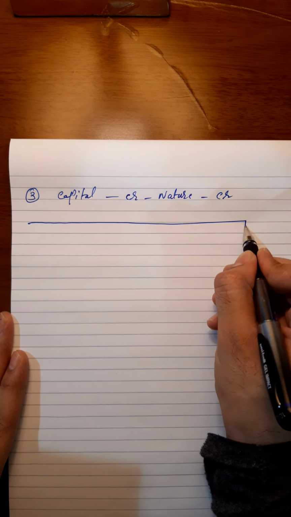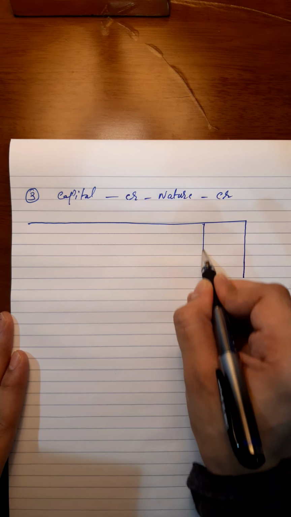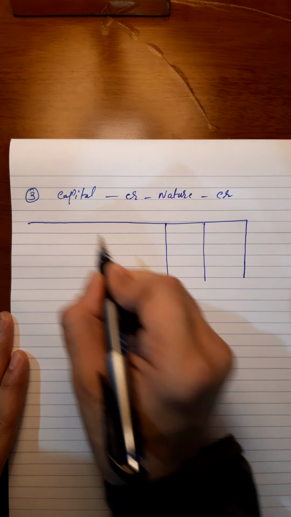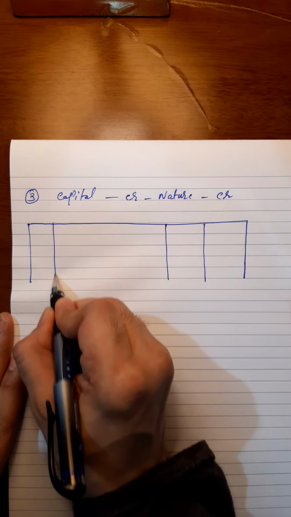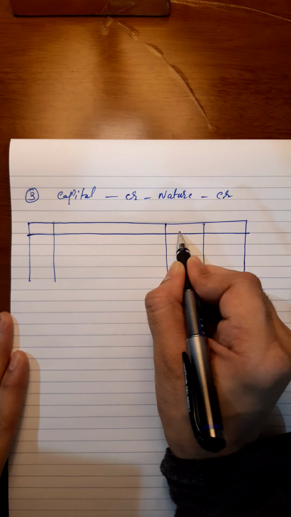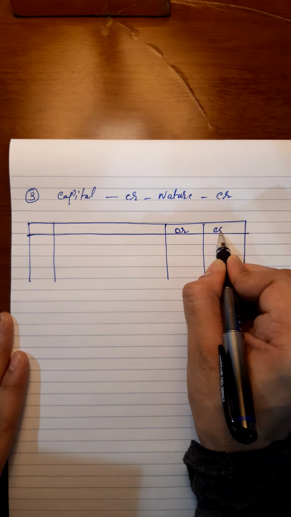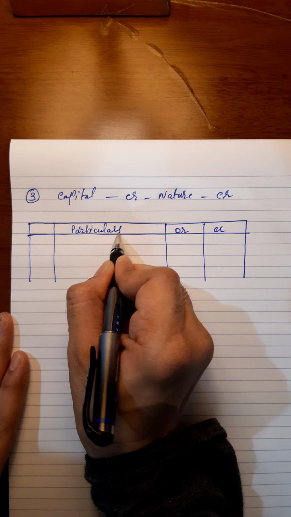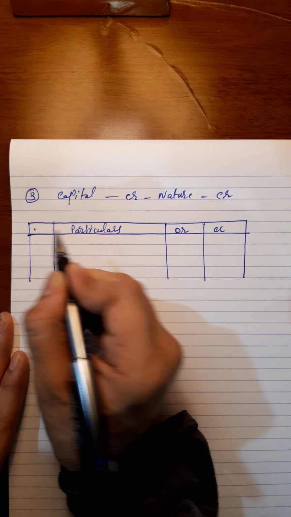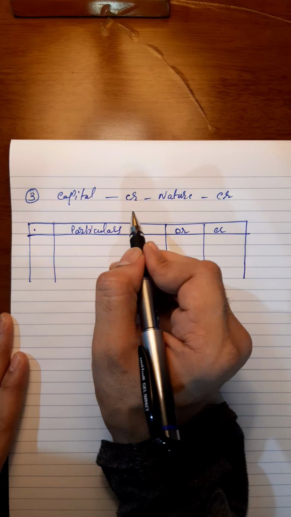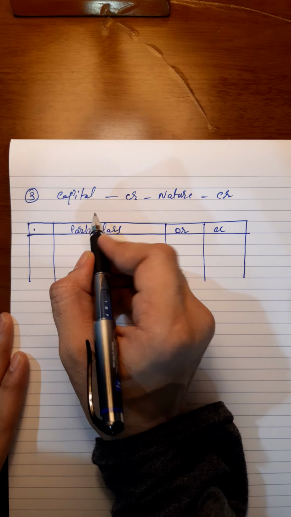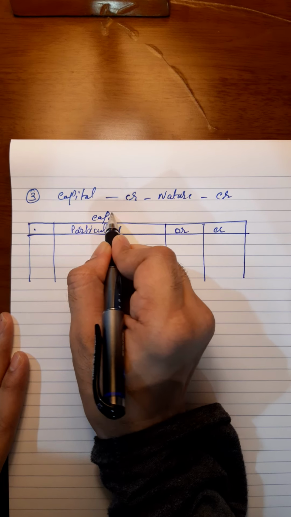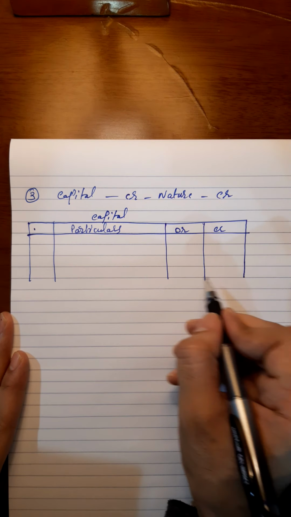Now I show you this through an example, through a ledger. Debit, credit, particulars. Okay, this is the capital ledger.